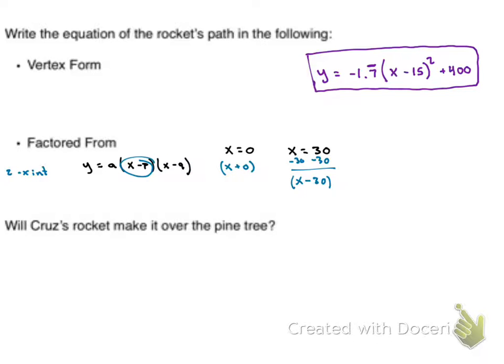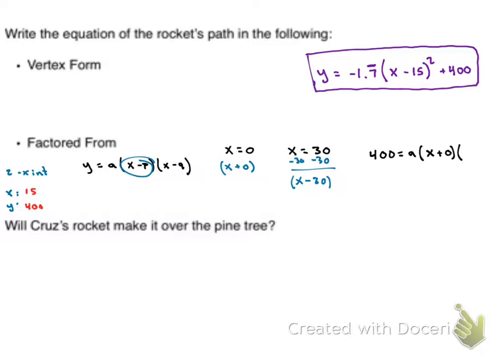At the same time, we're going to write our x and y, and we take that from the vertex, and the vertex was (15, 400). So now if I plug these in, my y is 400 equals a times x plus 0.